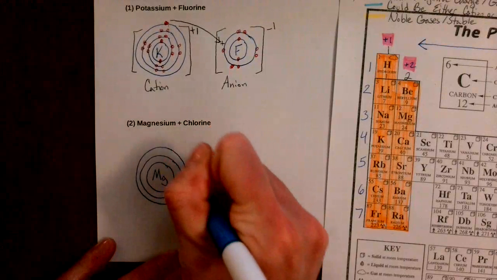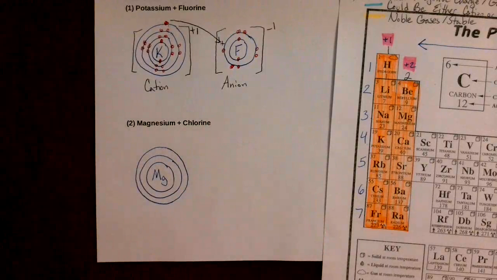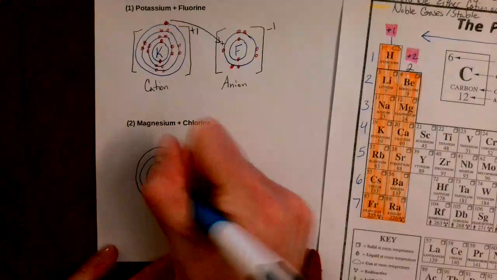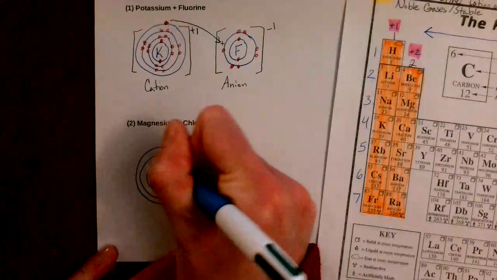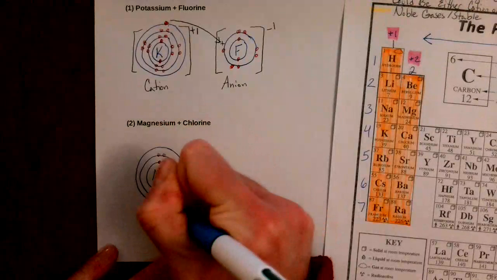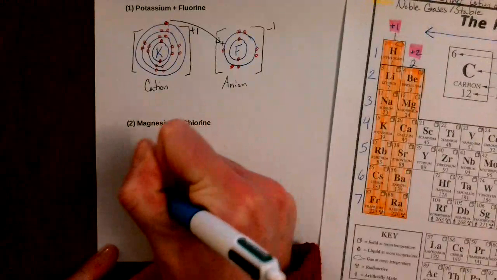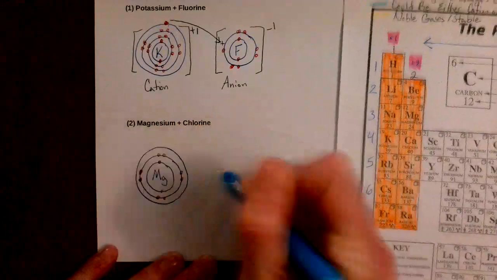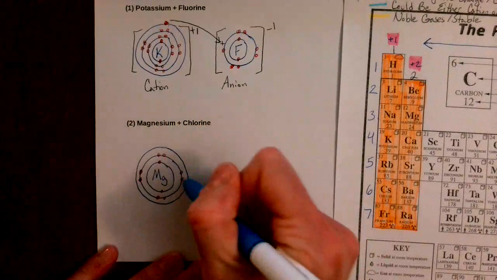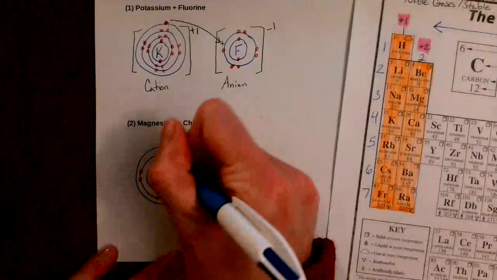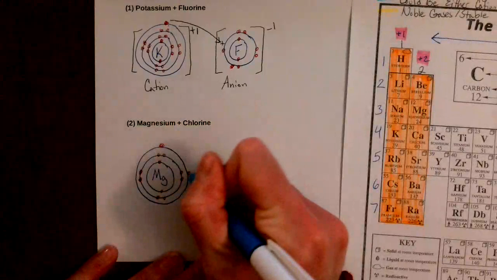And again 12 electrons. So 2 in the first shell, 8 in the second shell. That makes 10. 1, 2, 3, 4, 5, 6, 7, 8, 9, 10. And then 11 and 12 are in the outer shell.